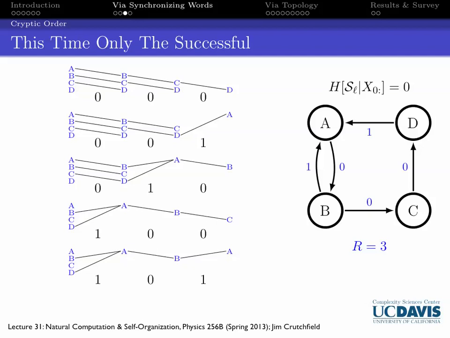If I'm going to see a 0, 0, 0, I can't start in B because this path dies here. And I can't start in D or C. I have to start in A. So conditioning on what word I'm going to see going forward will limit what states I can start in. Does that make sense?